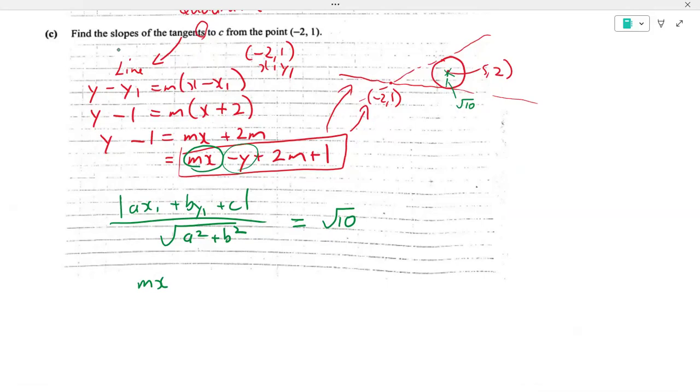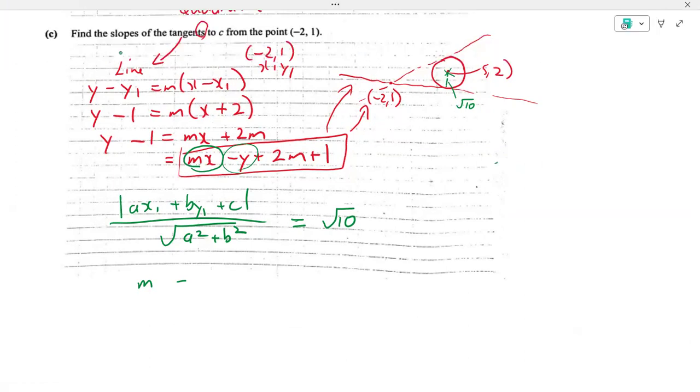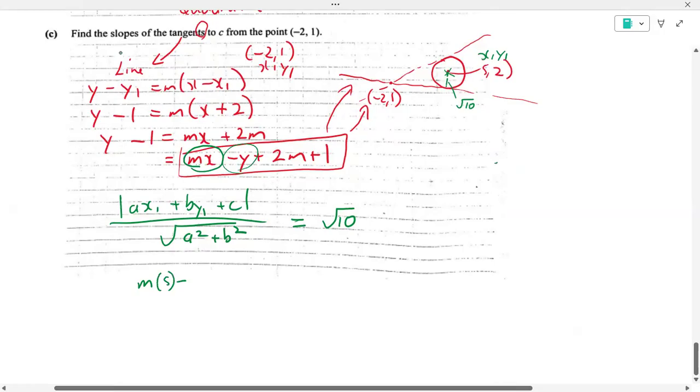What I'm doing is getting the perpendicular distance from my center to the line. So I'm filling my point into this line. In the place of x1, I'm putting 5, because that's my center, x1, y1.